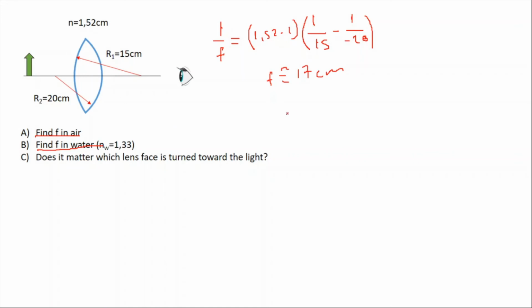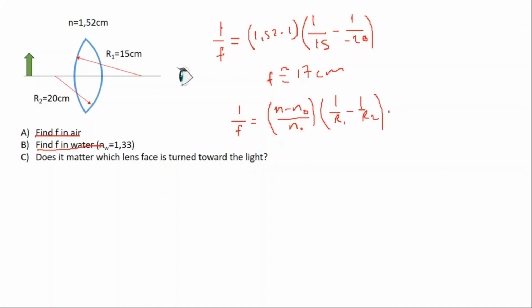Now in this case, we are going to use this formula: 1 over f is going to be equal to (n minus n0) divided by n0, where n0 is the index of refraction of the surrounding, times (1 over r1 minus 1 over r2).